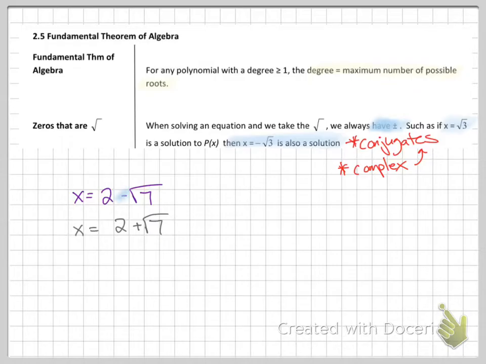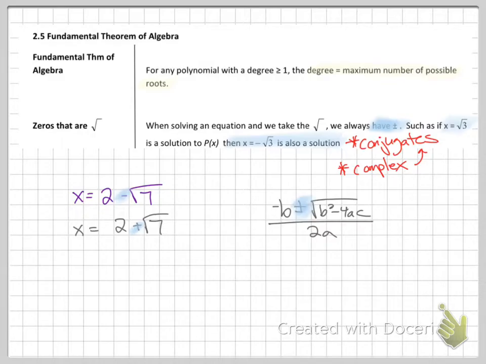You only change the symbol in front of the square root sign. Think about quadratic formula, right? Quadratic formula has that plus minus. This plus minus right here is what we're talking about. They always come in pairs.